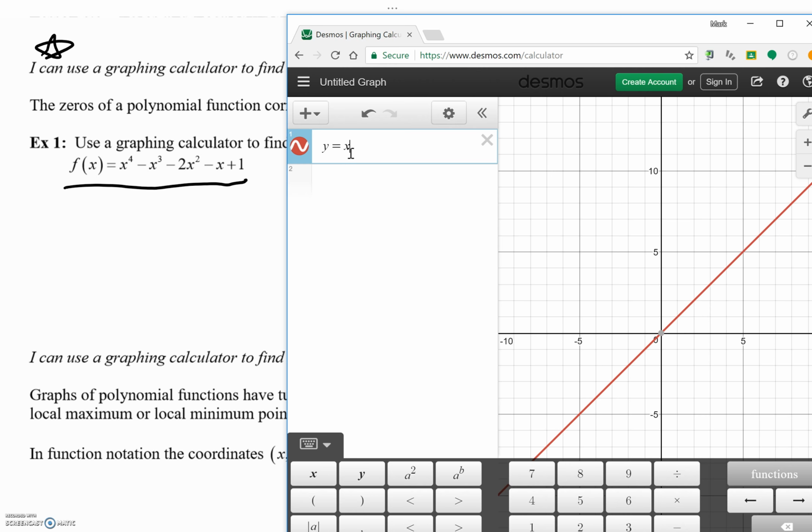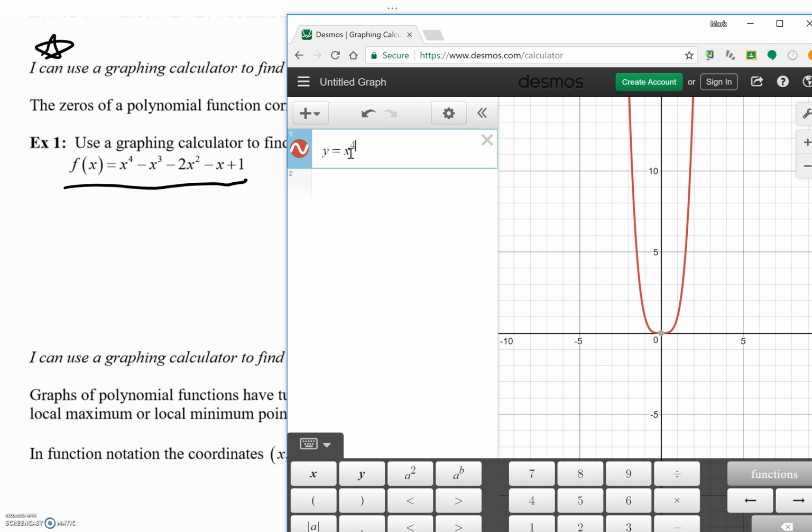But to raise up to a power, if you go above the 6, shift 6 is the caret. That's how you're going to go up high. That's x to the 4th. Shift and then hit 6. That's where your caret is. Hit the right arrow to bring it down. We'll say minus x. Now I need a power again. Shift 6.